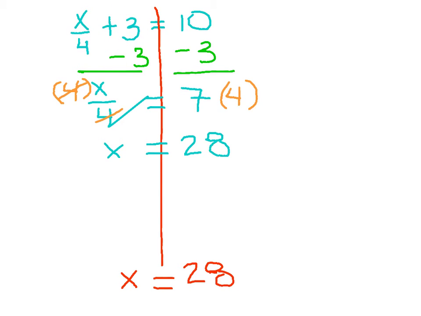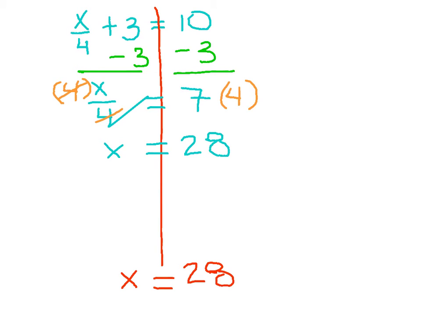I do that by subtracting 3 from both sides of the equation. Those 3's cancel, I'm left with x over 4 is equal to 7. Now, x is being divided by 4, so to undo division, I multiply by 4. So I multiplied both sides of the equation by 4. The 4's cancel. I get x is equal to 7 times 4, which is 28.